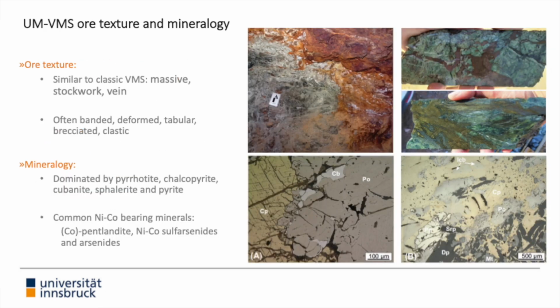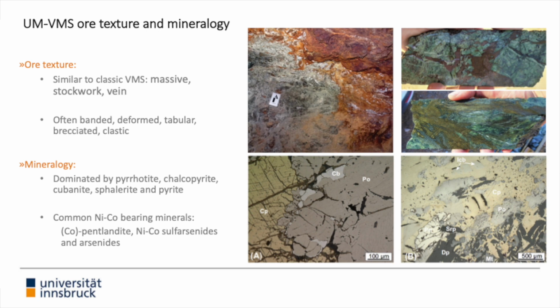Then about the ore itself. The texture of the ore is often similar to classic VMS deposits. So you can have massive sulfide or stockwork type, also veins. But on top of that, they can be quite banded, deformed, tabular, or also brecciated or clastic.